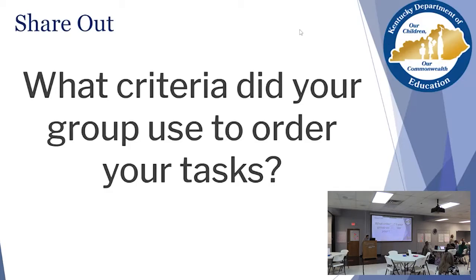And so that was one of the ways they used that information to prioritize the order. And so there was some really good discussion about whether that matched the intention of that task with the standard. Oh, okay. So they looked at the alignment component as a criterion.